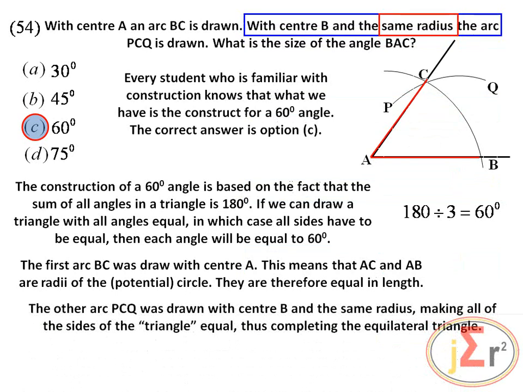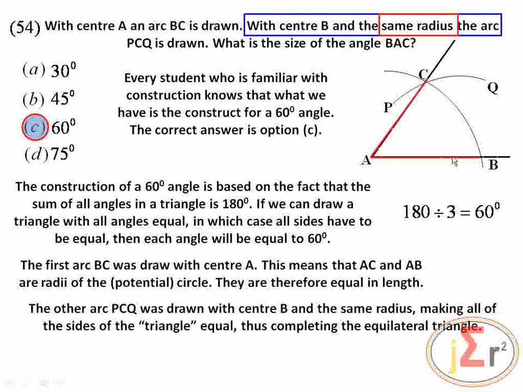With center B and the same radius, the arc PCQ is drawn. But we are highlighting same radius. What does that mean? That means that whatever we are about to do, because the radius is the same, we are sure that these radii are equal already.